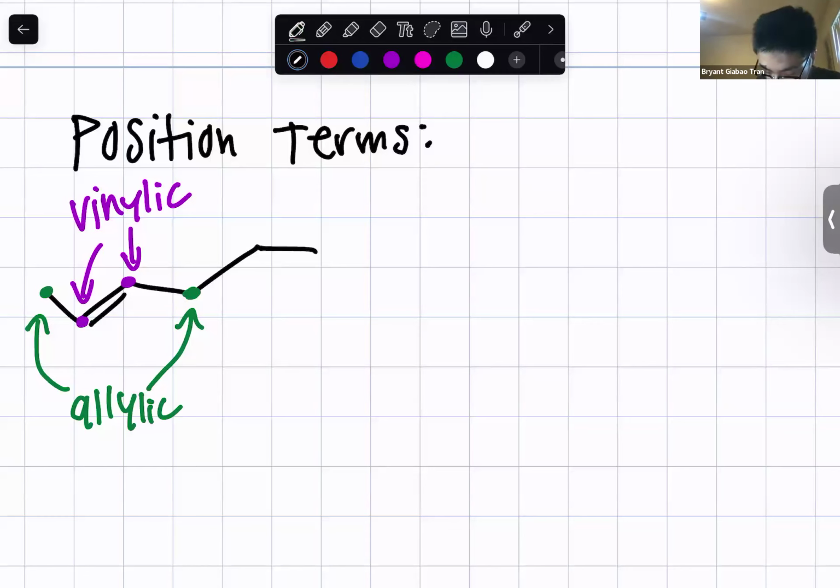And let's say we had a triple bond somewhere, like this.